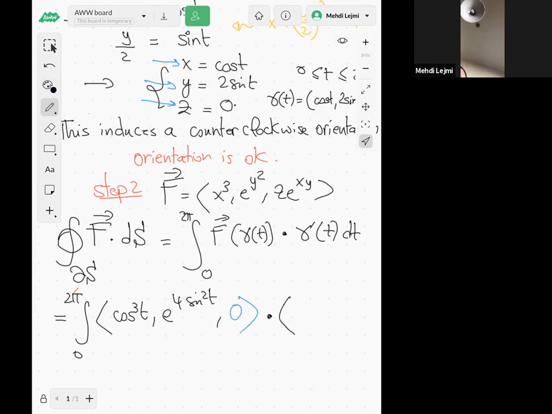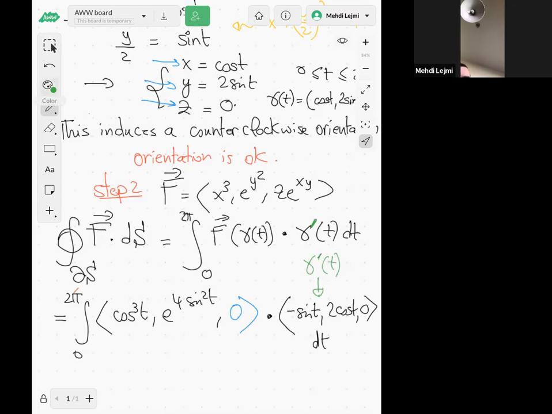Then the scalar product with gamma prime: the derivative of cosine is minus sine, the derivative of sine is cosine, and then 0. This is gamma prime of t, guys.